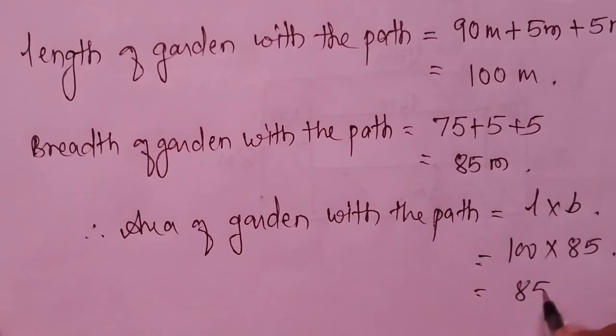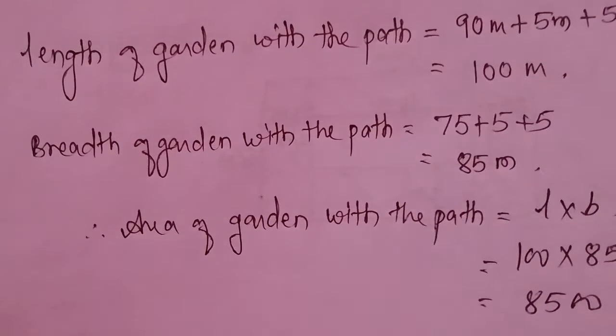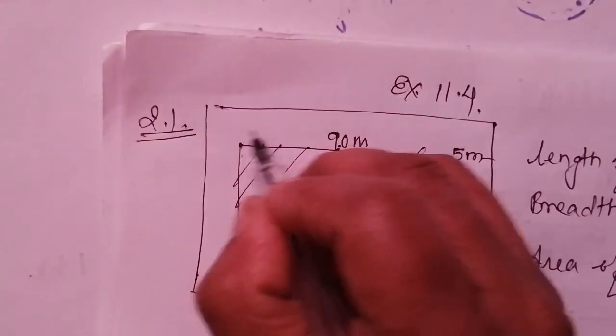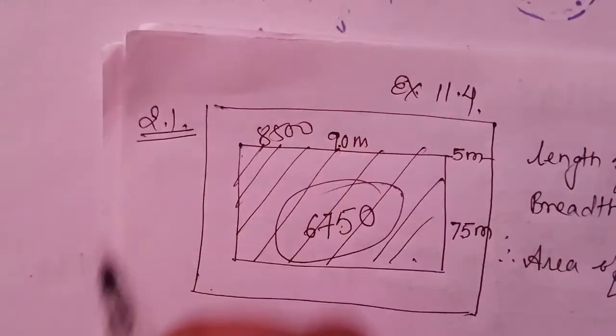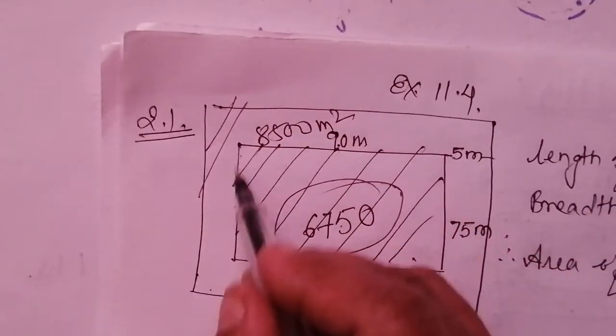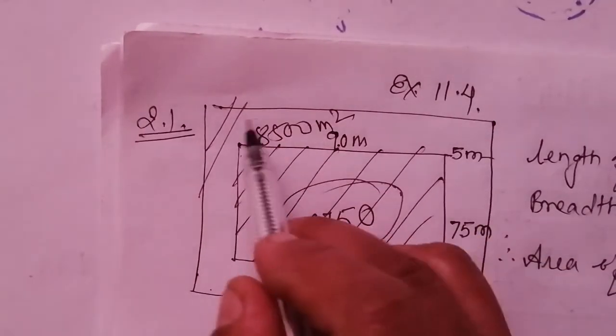That means 8500 meter square. Now you got the area of the whole garden with the path, that is 8500 meter square.